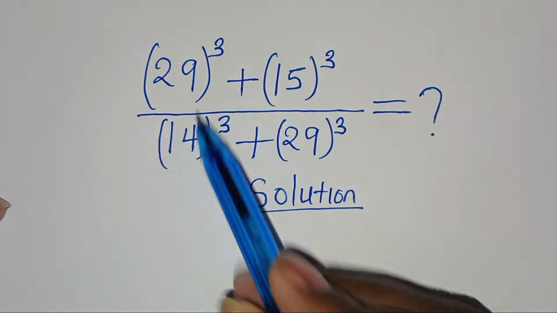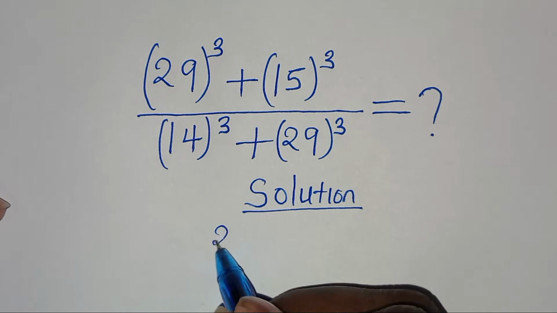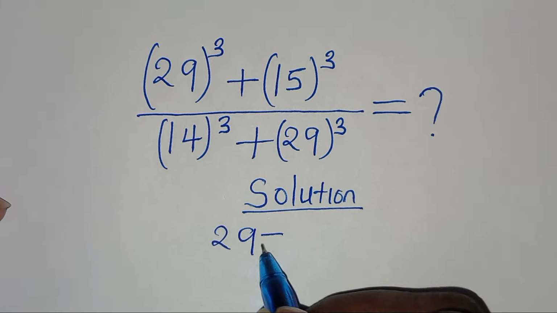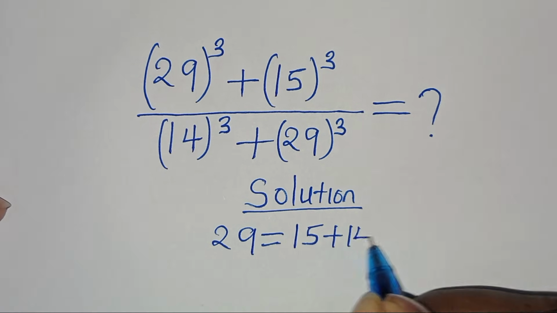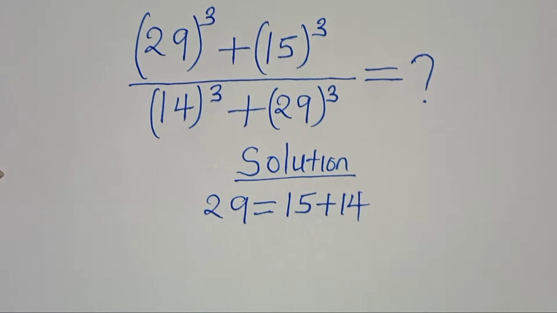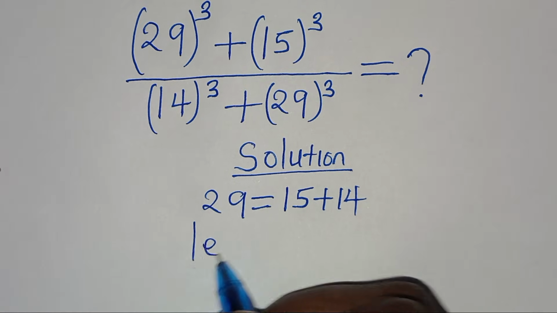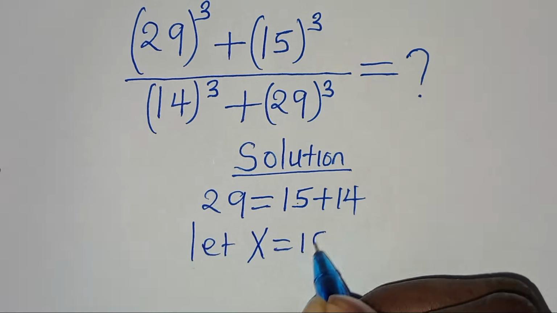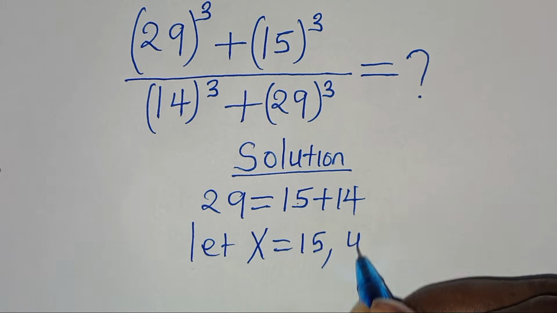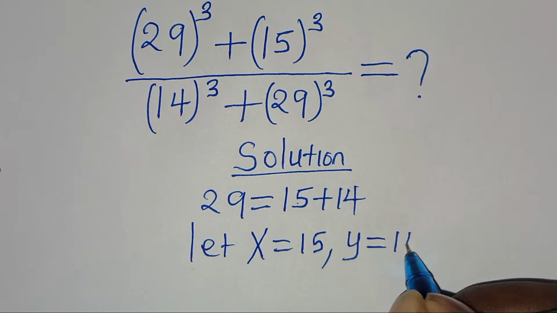Now, we can express 29 as the same thing as 15 plus 14. So in other words, we can let x be equal to 15 and we can let y be equal to 14.